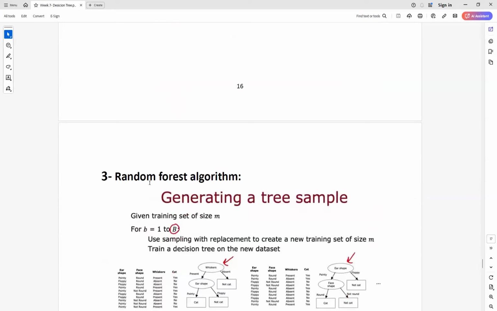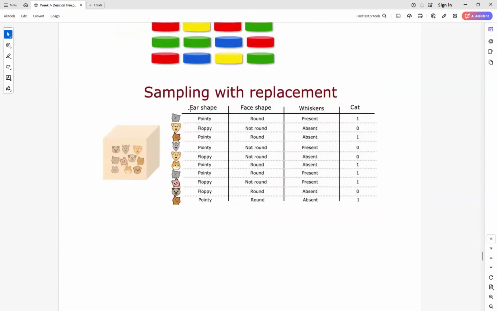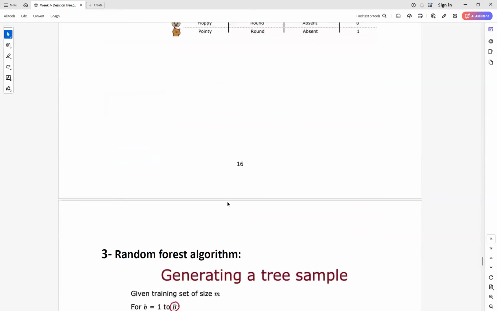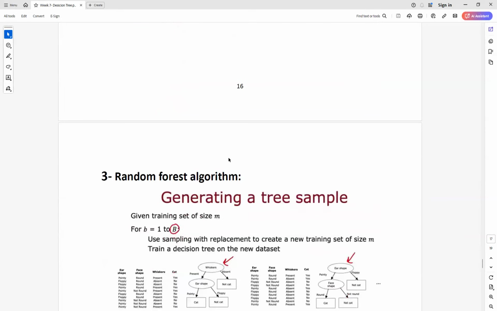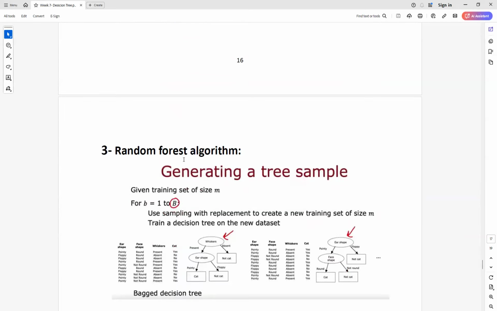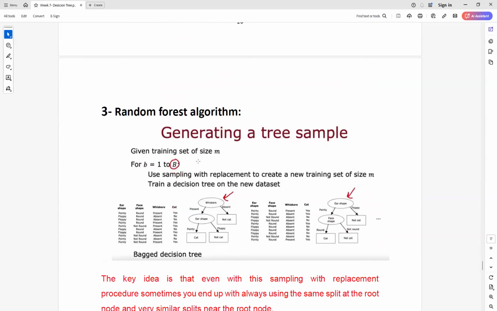And then from this sampling with replacement, machine learning practitioners introduced the random forest algorithm to generate a tree sample. So this is how it works.